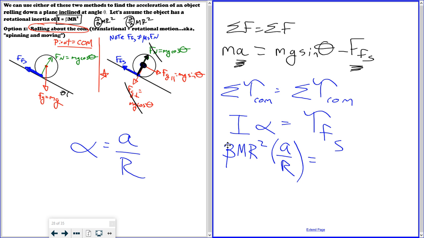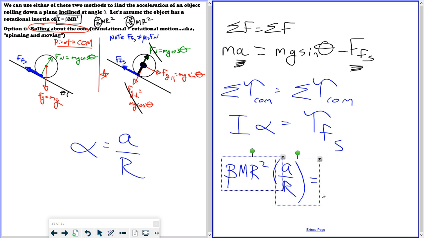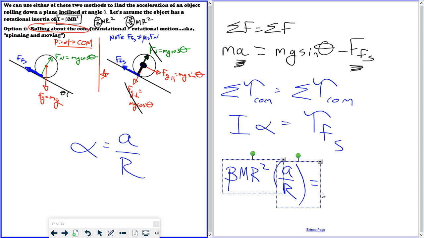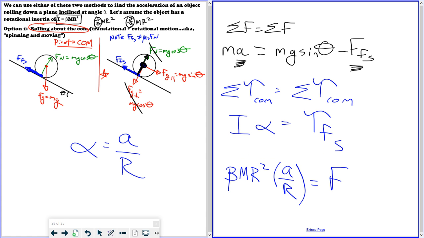All right, and so my torque from static friction is the force of static friction times my lever arm, which is just my radius, right? And notice that static friction is perpendicular to the radius. All right, so let's see.